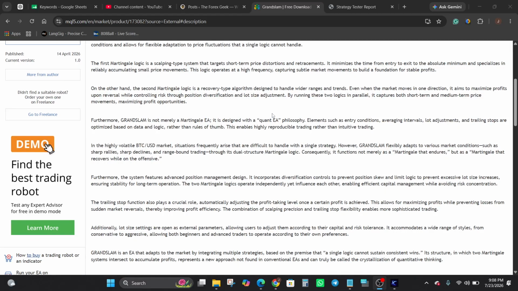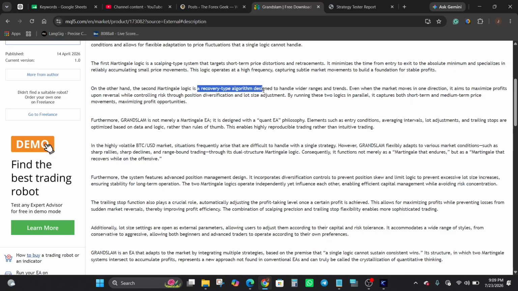It is described as a recovery algorithm that is intended to deal with wider market movements and trends by adjusting positions and lot sizes as prices move. The developer explains that these two systems work independently while also complementing one another in an attempt to recover positions more efficiently than a traditional single martingale approach.